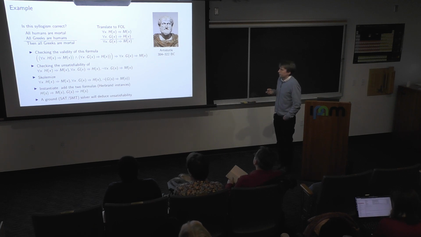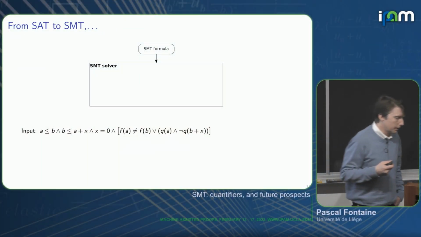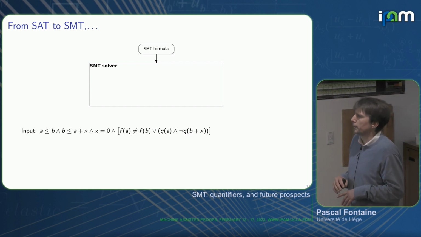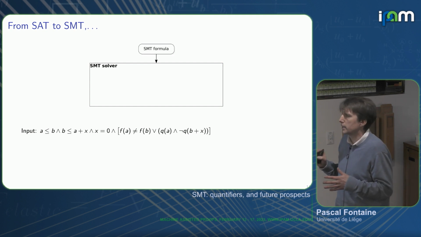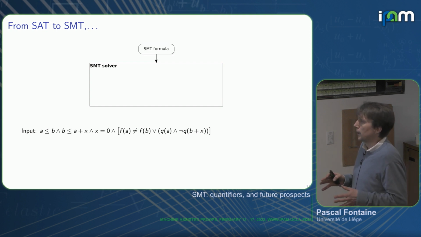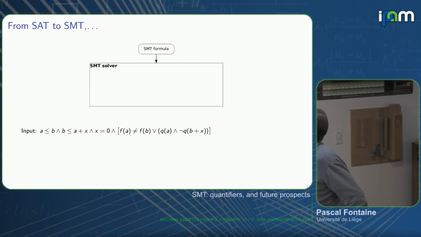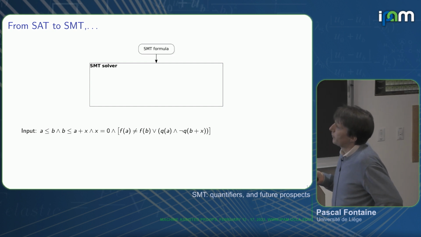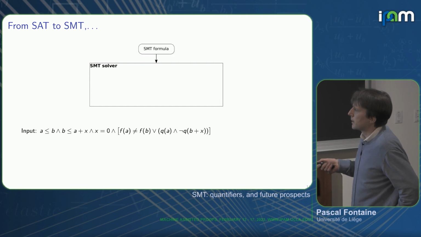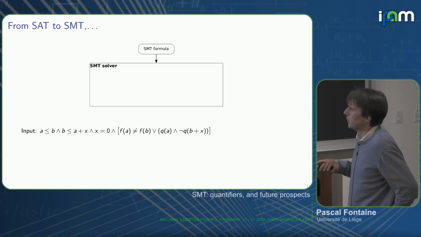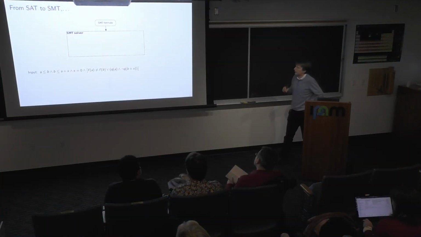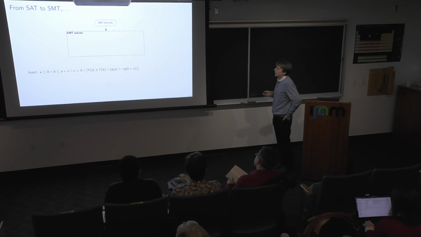Okay, so how does it really work now? Again, I'm taking toy examples, but remember that SMT solvers can do that on formulas that are megabytes long. If you give CVC very, very large formulas like that, it will manage to give you an answer. So you give the SMT formula to your SMT solver. This is the first time we see it, but it's a formula like the ones I gave in my first slides.